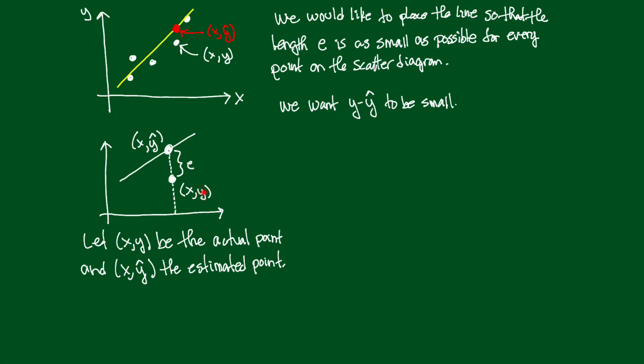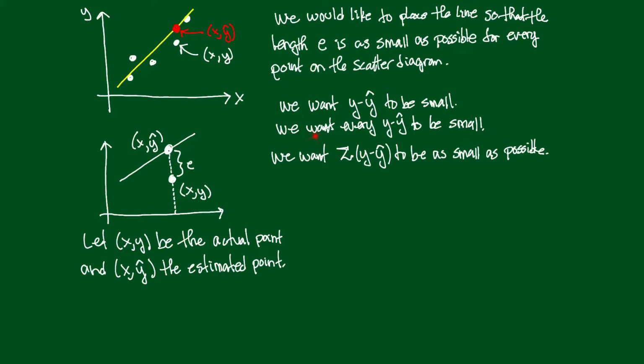Well, it's actually y minus y hat. Y hat minus y, it doesn't matter. I'll just take y minus y hat. We want that to be small. In fact, I want every one of these to be small.